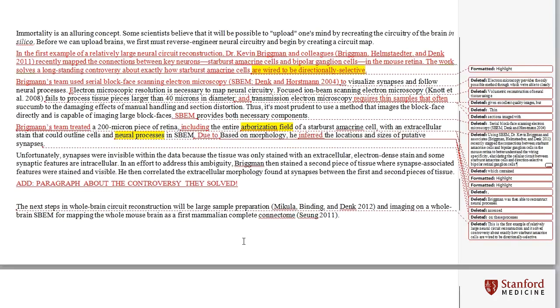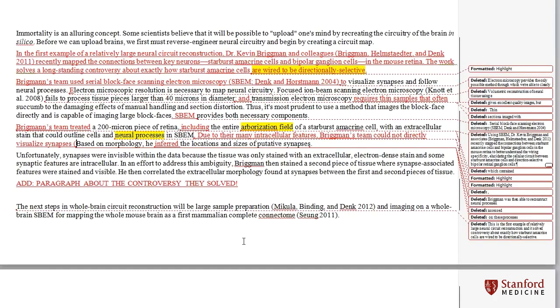So we could add, "Due to their many intracellular features," I'm just bringing this concept up from below, "Brigham's team could not directly visualize synapses." I think that's the idea. I'm trying to say it just slightly more directly than the author had in the original version.